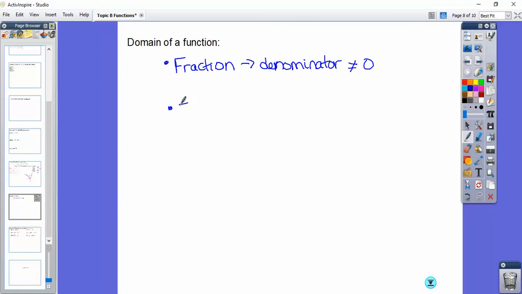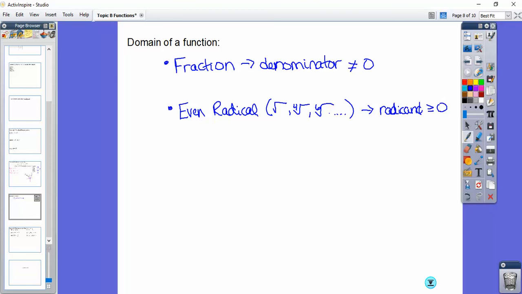If you have an even radical, so that's like a square root, 4th root, 6th root, so on, the radicand, that's the thing underneath the radical, has to be greater than or equal to 0. That's only for the even radicals. Odds can be anything.